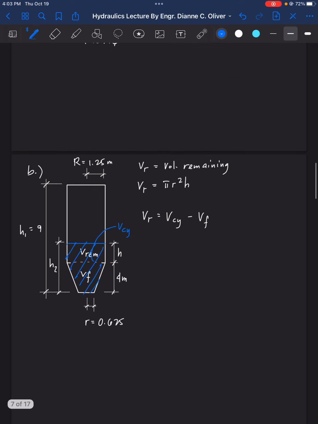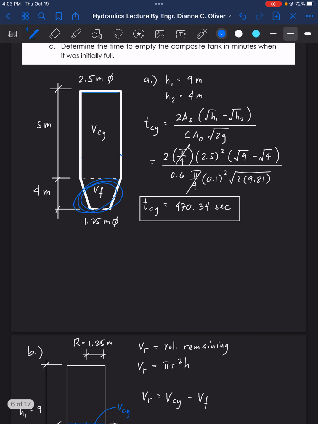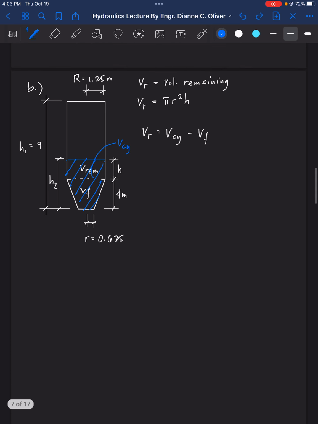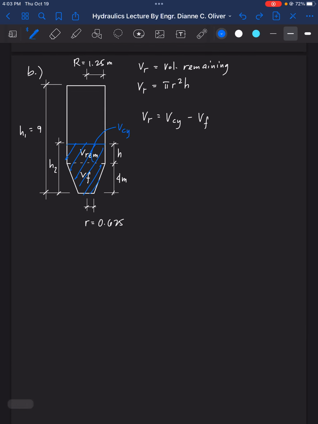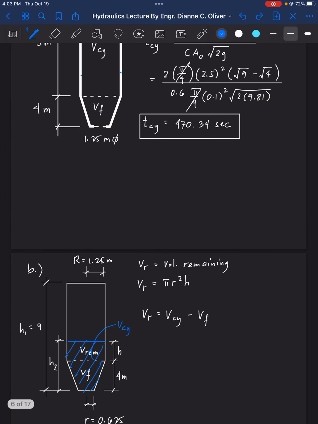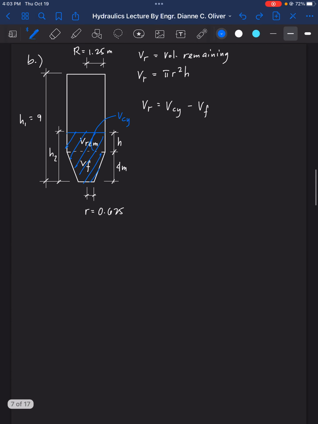So after removing the volume of the frustum here, what's left is the volume of the cylinder, and it goes down. The water of the cylinder goes down. That's why it looks like this. Okay? So removing the volume of the frustum, this is what's left. Therefore, volume of the cylinder minus the volume of the frustum is equal to the VR or the volume remained here. So that's what happened here.